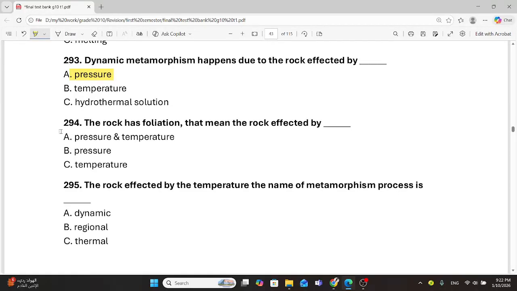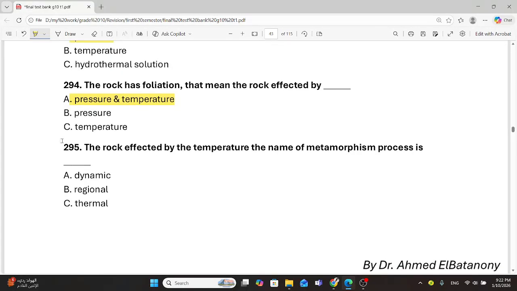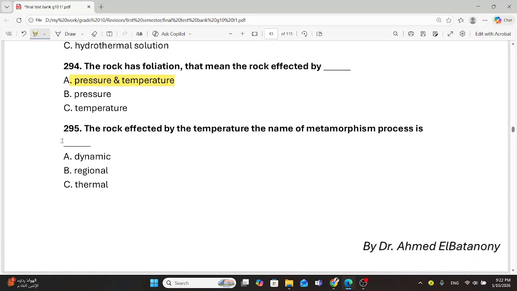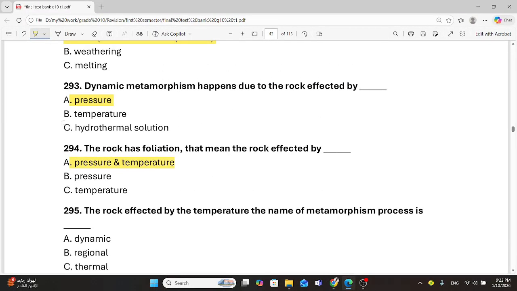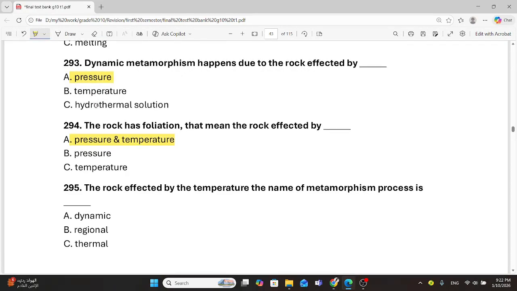The rock has fault foliation, which means the rock is affected by pressure and temperature. Metamorphic rock affected by the temperature has a different process name. Remember above, dynamic metamorphism is affected by pressure.